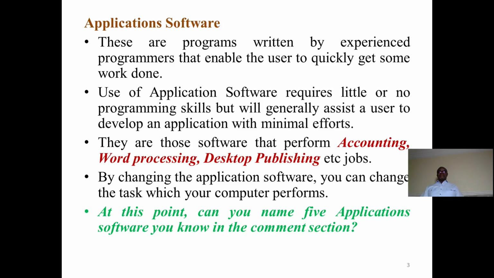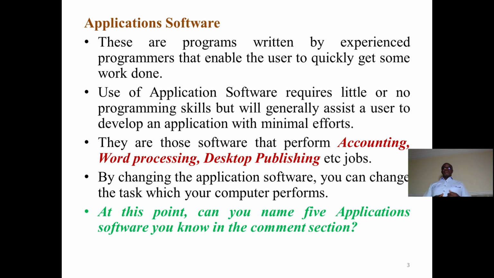These are programs written by experienced programmers that enable the user to quickly get some work done. Use of application software requires little or no programming skills, but we generally assist a user to develop an application with minimal effort.